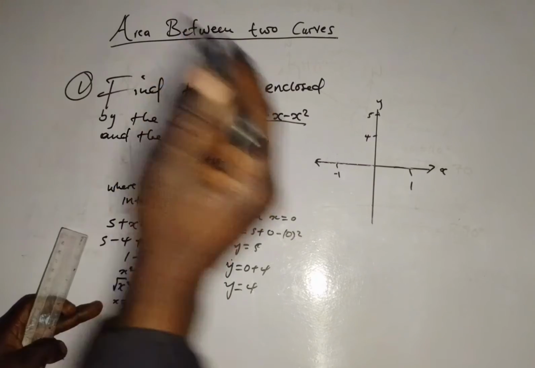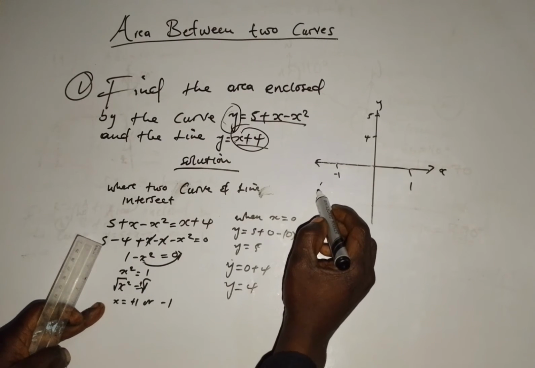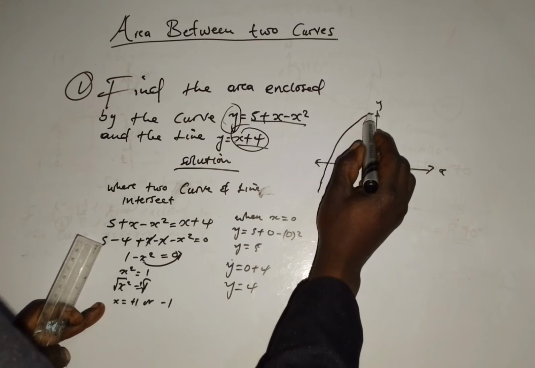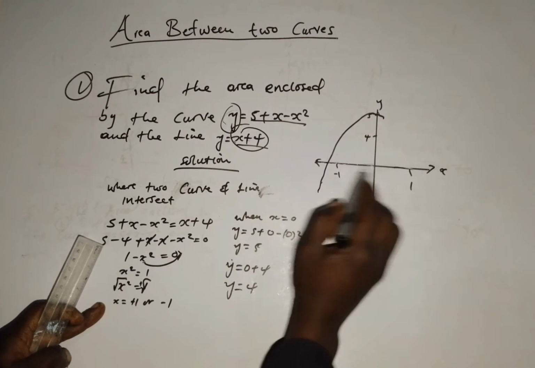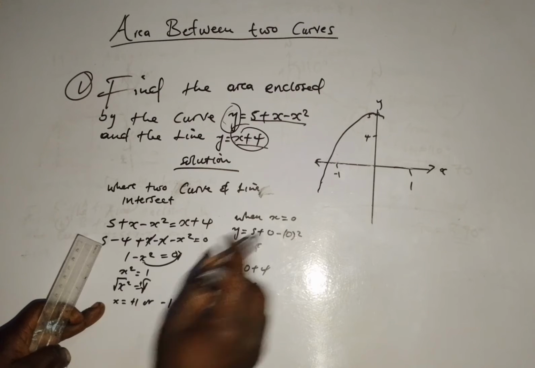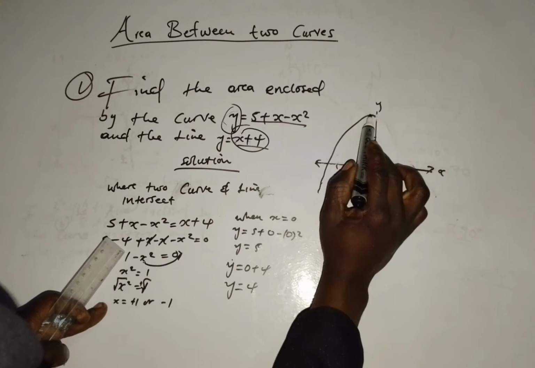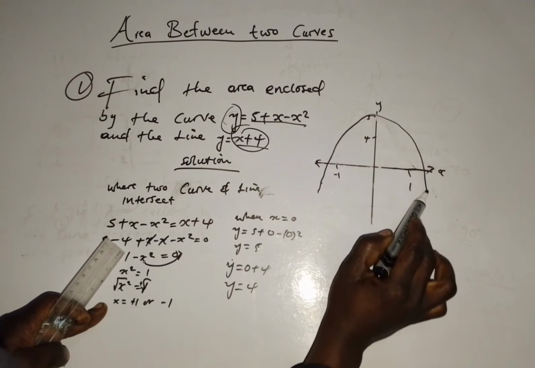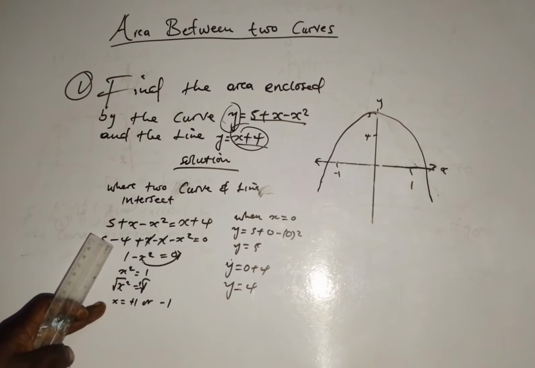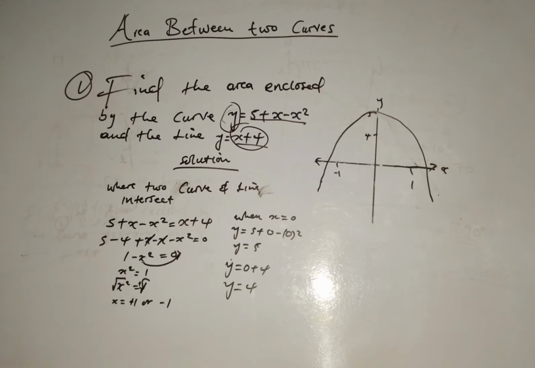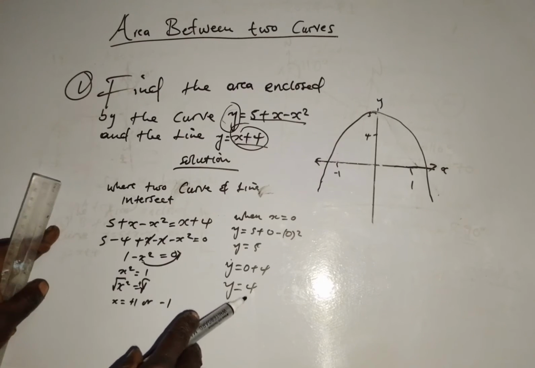So we have to draw the curve. This curve cuts the y-axis at 5, which we have found here, then comes down like this, then to here. Then remember that there is a line y equals 4.